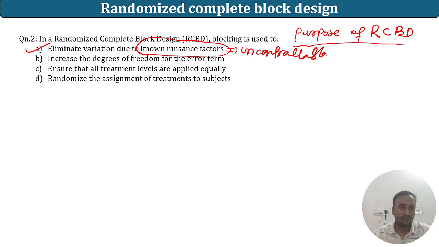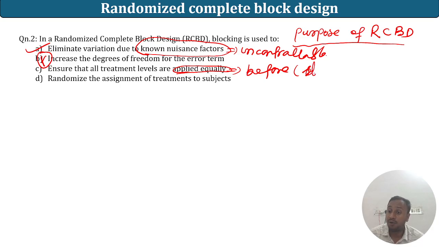Let's see the second option: increase the degrees of freedom for the error term. No, when we make the blocking, what will happen? Eventually, the degrees of freedom are going to decrease. It's a part of the variation. So effectively it's going to decrease the degrees of freedom. So this can't be the answer. Ensure that all treatment levels are applied equally. This is part of the design of experiment, before the experimentation starts.